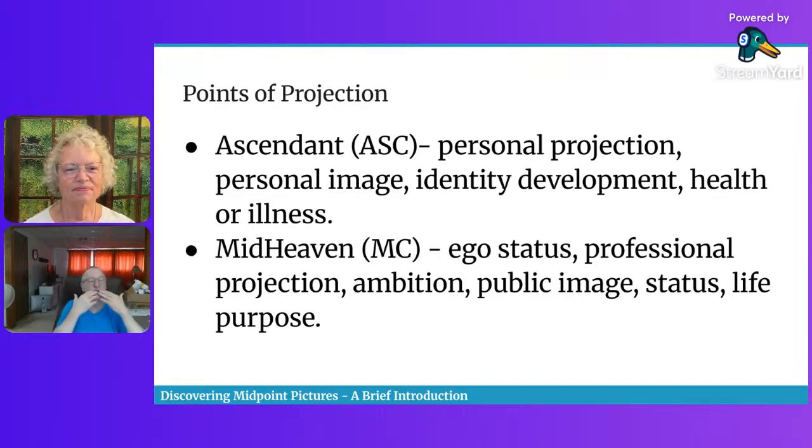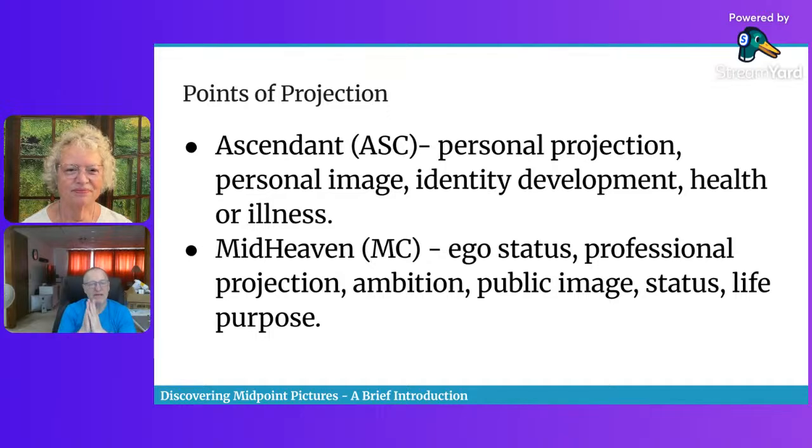The Ascendant is when you took your first breath, so it's all about health or illness, about survival. And out of that comes identity development: first, fourth, seventh, and 10th. So it's all about how you become. Now, if your Ascendant is stressed during your first 0 through 12 years, do you think it might have had some impact upon your identity development? Oh, yes, I think it would.